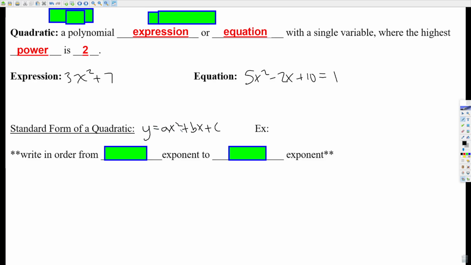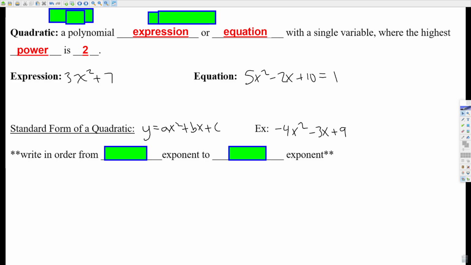You could just see the ax squared plus bx plus c, and then a, b, and c are just going to be numbers. So for example, even if we didn't have the y equals part, you could say this is like negative 4x squared minus 3x plus 9. So your a, b, and c in order would be negative 4, negative 3, and then positive 9.